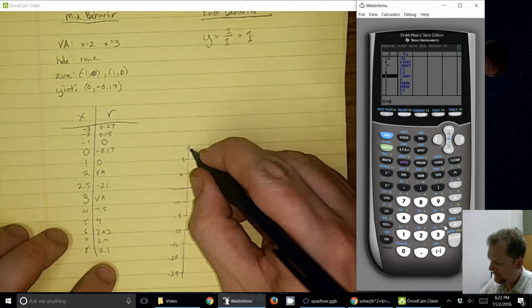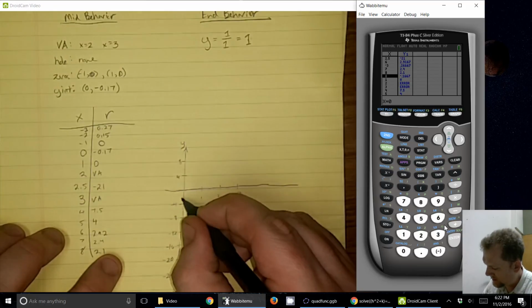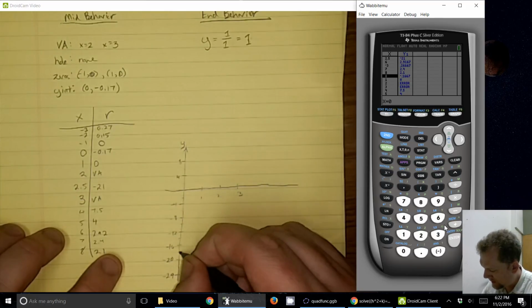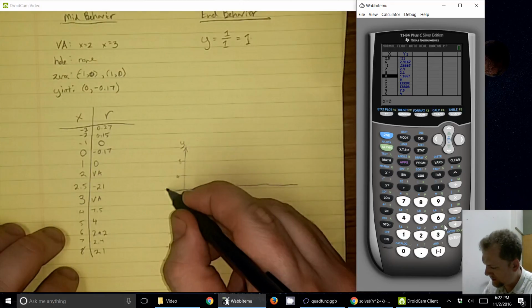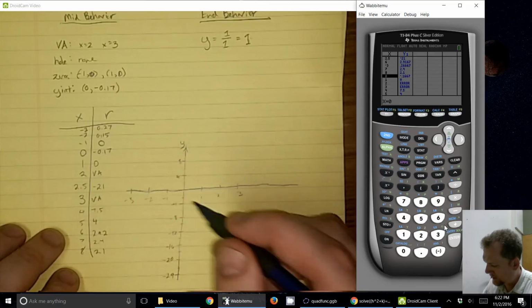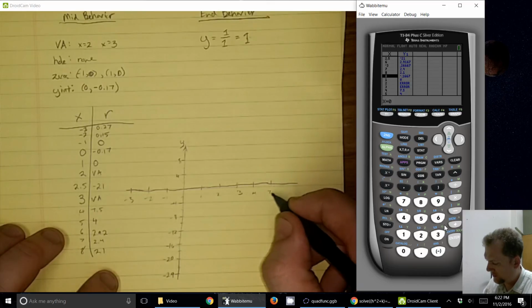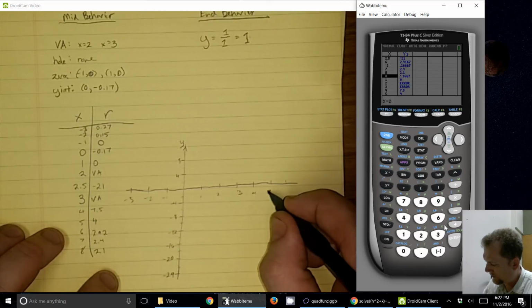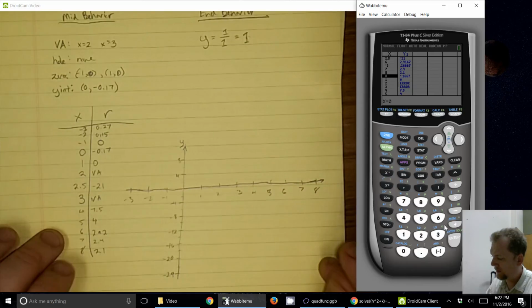Okay. So each of these is 2. So the first thing you want to do, okay, x, we still need some more of these. And out to 8, if we can. If we can't, so be it. Oops. There, that window is great.